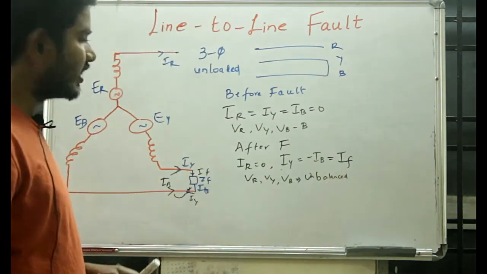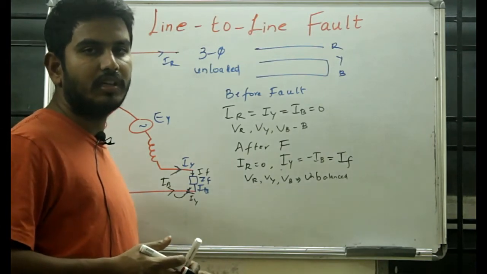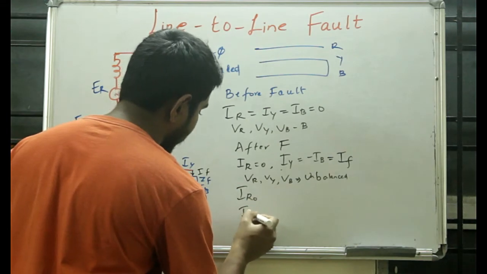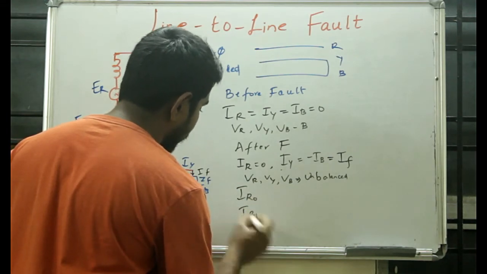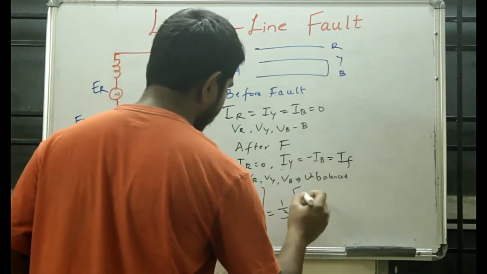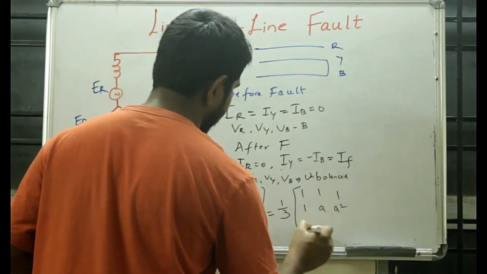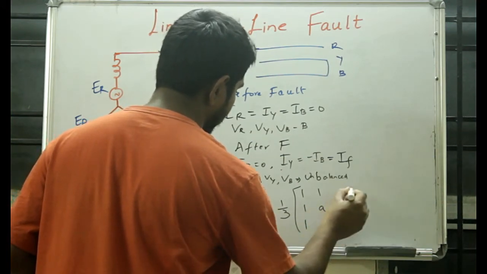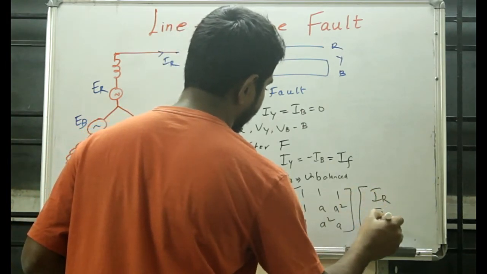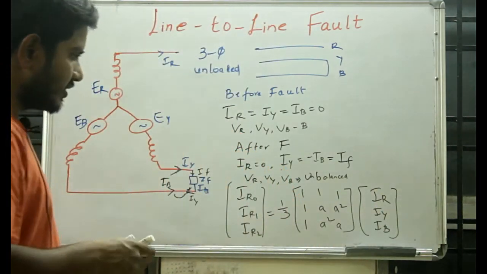Now let us consider the matrix to find the symmetrical components of the currents: IR0, IR1, IR2 equals 1 by 3 times the matrix with rows 1 1 1, 1 A A square, 1 A square A, multiplied by IR, IY, IB.